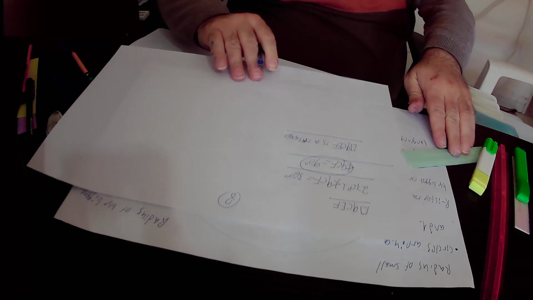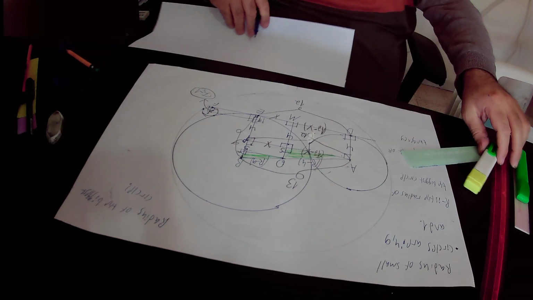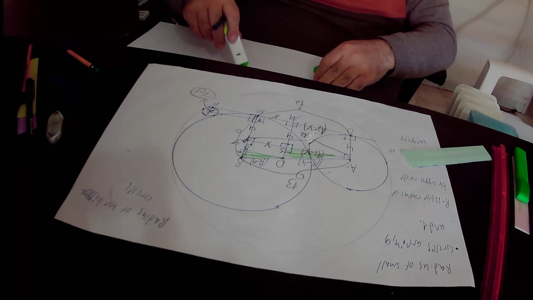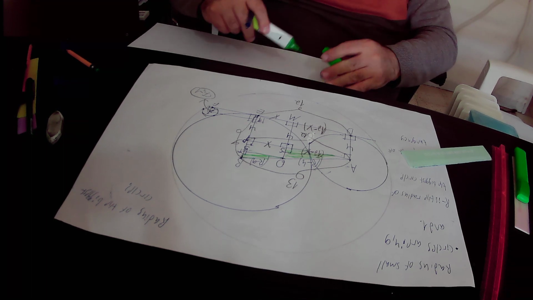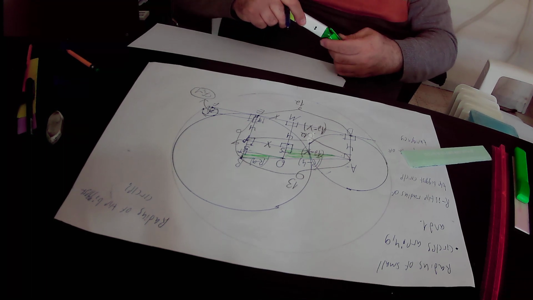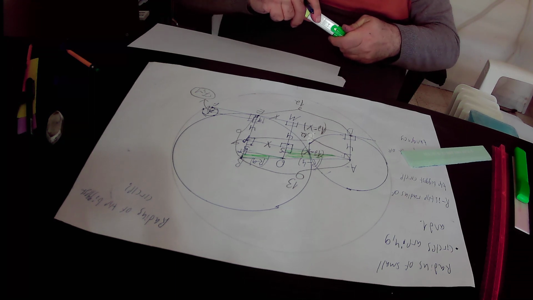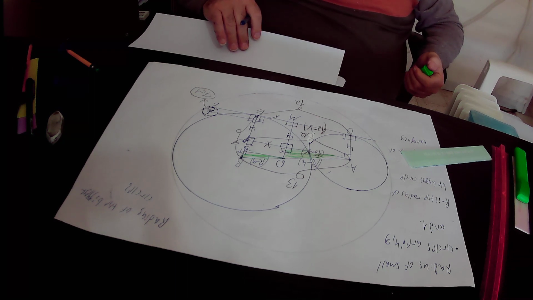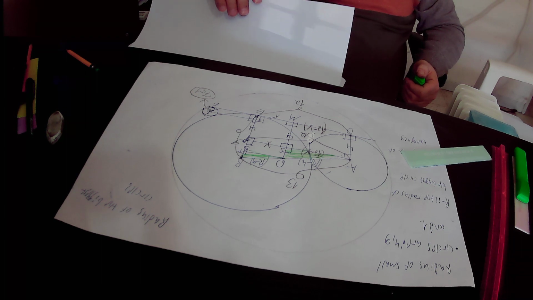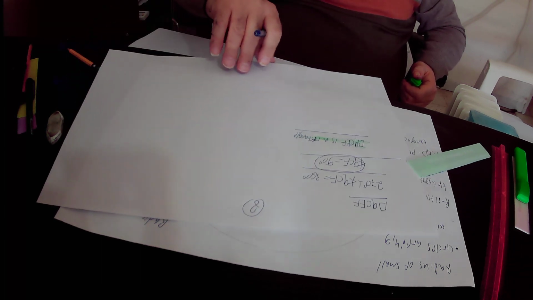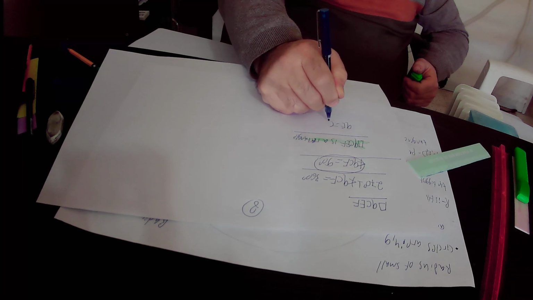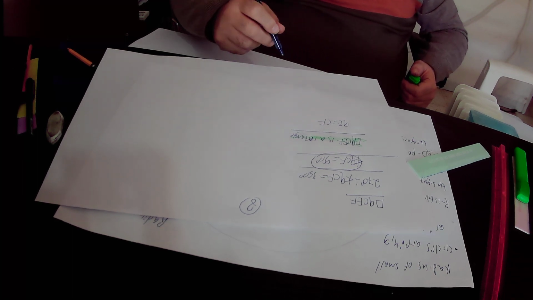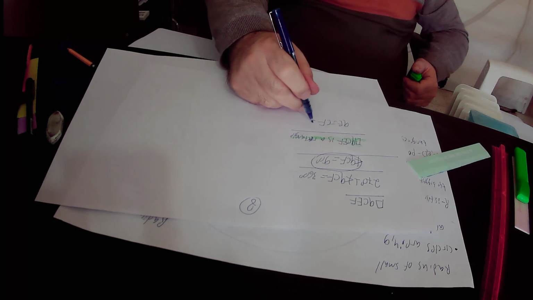And we know that the opposite sides of a rectangle are equal to each other according to rule number 2. So that is to say QE is equal to CF, but we know that CF equals 1 unit.